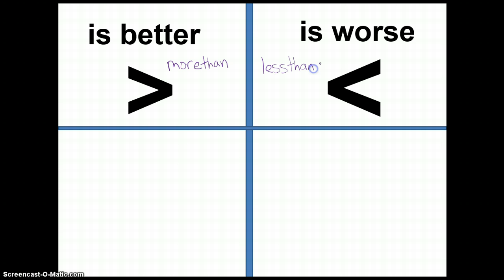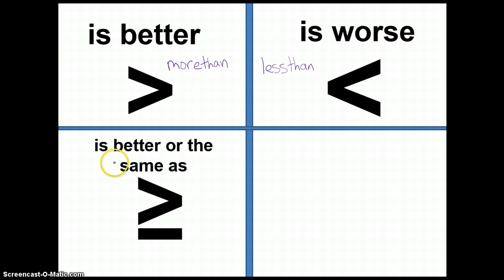When comparing integers, it might be easier to think of which is worse, 5 good decisions or 5 bad decisions. Is better or the same as, or more than or equal to.